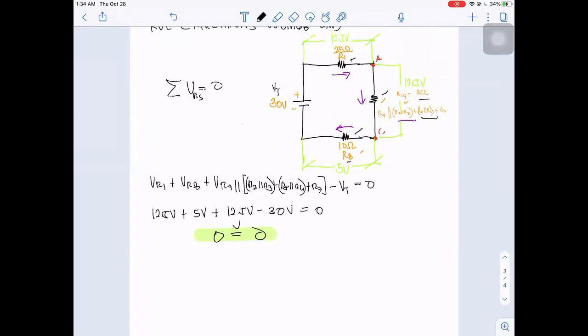We can now solve for IR4 and IR of this equivalent circuit.